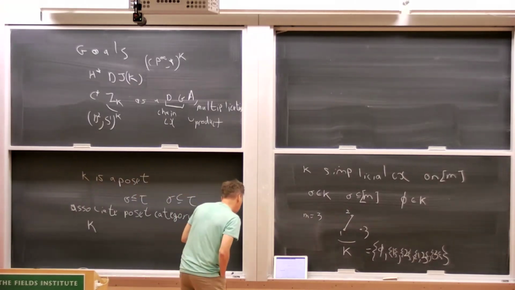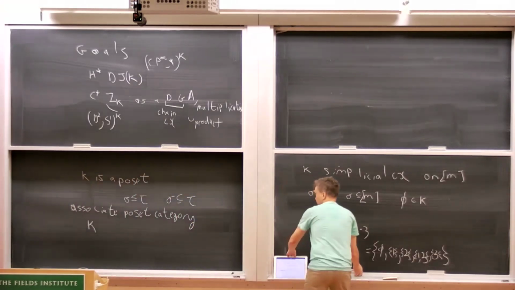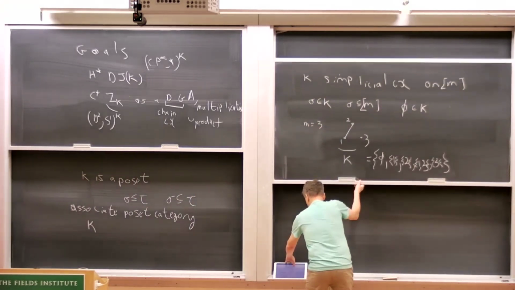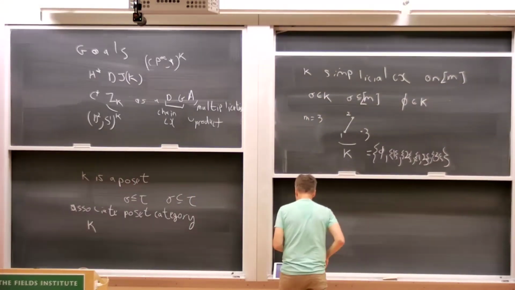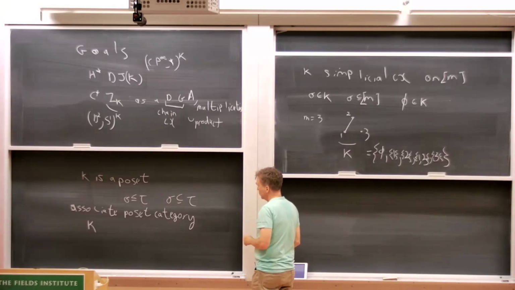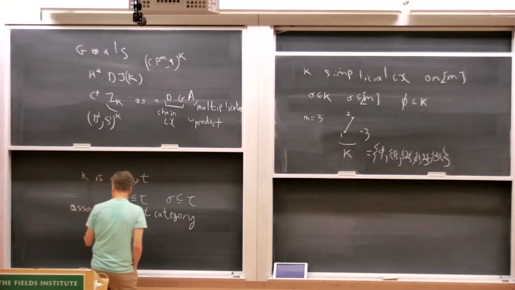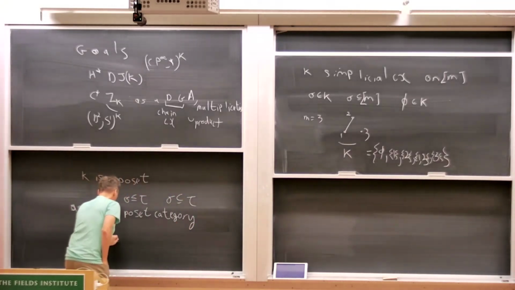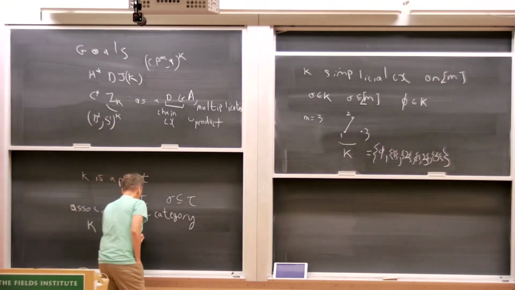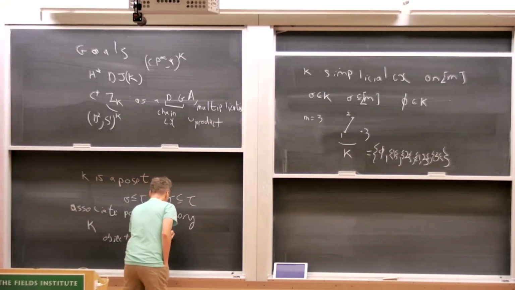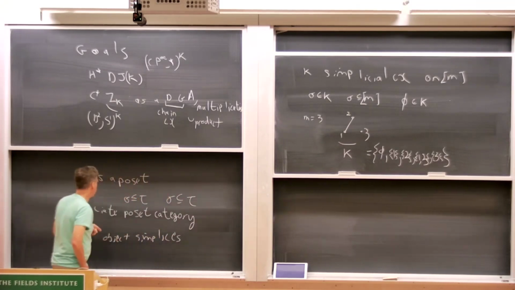And basically, that poset category will have objects that are simplices. And then you have a map when you have an inclusion.